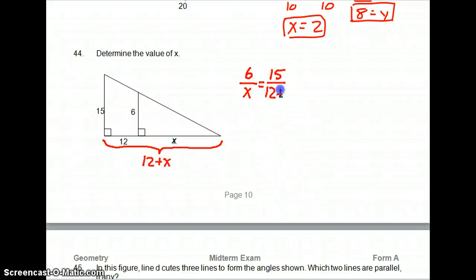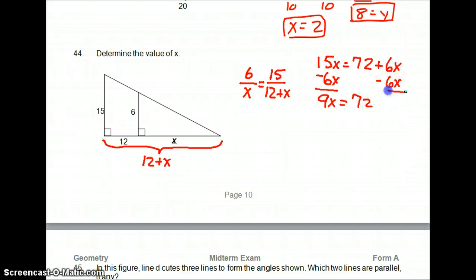So down here, cross multiply, that gives us 15x equals 6 times 12, which is 72, plus 6 times x, which is 6x. Subtract 6x from both sides. 9x equals 72. Divide by 9. X equals 8.